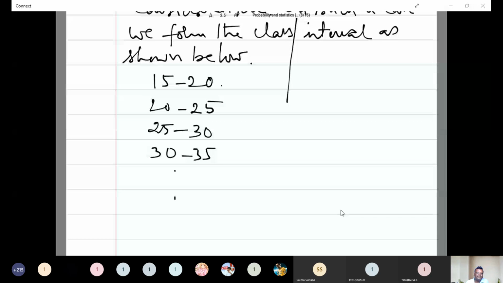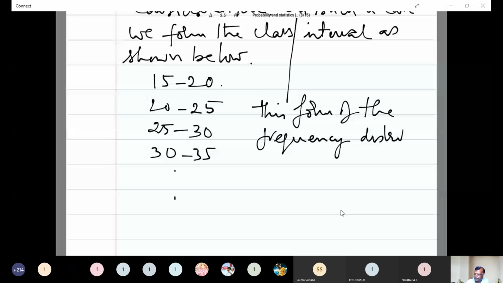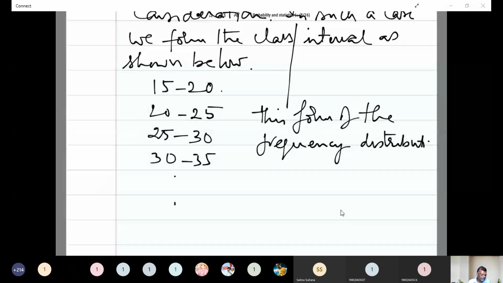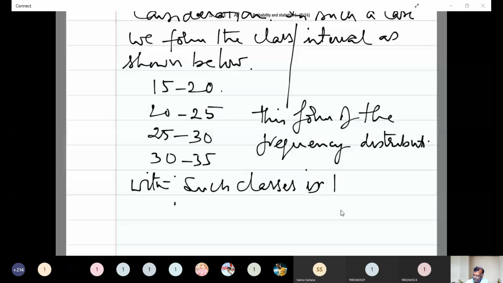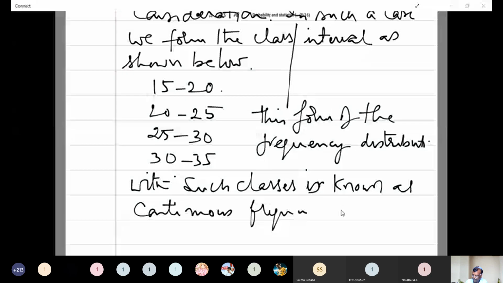This form of the frequency distribution with such classes is known as continuous frequency distribution.